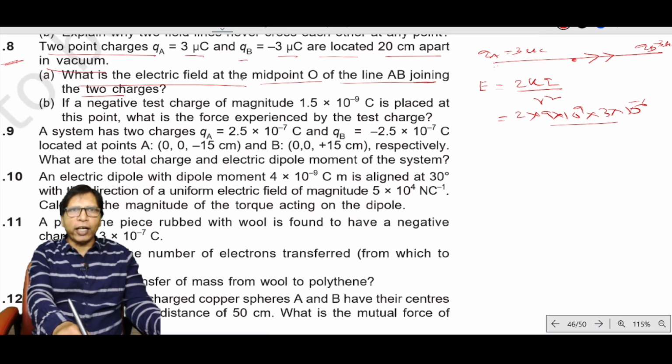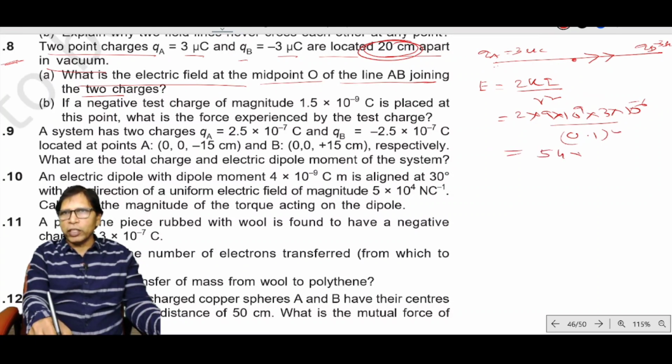The total distance is 20 centimeter, so half distance is 10 centimeter, so this is 0.1 whole square. So this is 54 into 10 to the power 5 Newton per coulomb.